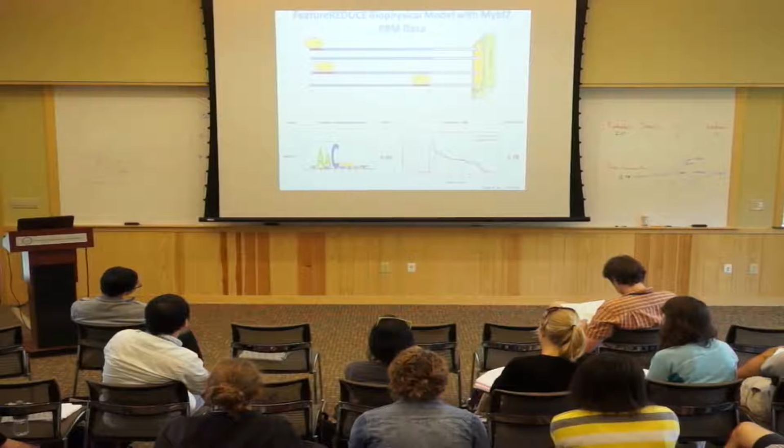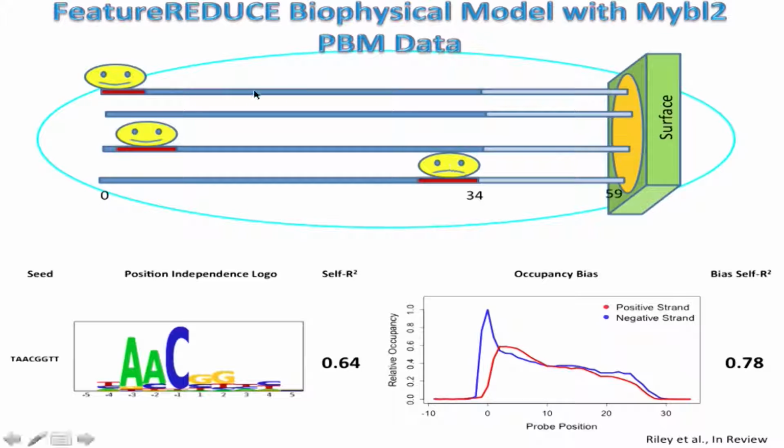These proteins are happy because they don't have to go very deep into the carpet, so it's easy for them to access their binding sites. This protein is sad because its binding site is way deep into the carpet, and it's very difficult for it to reach in and bind.